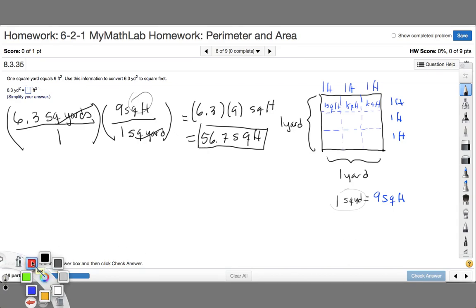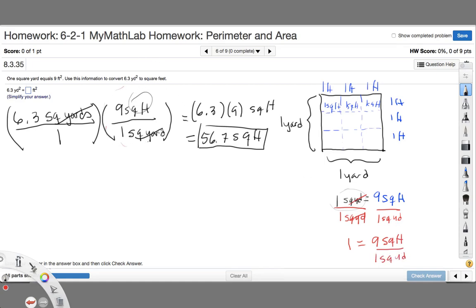Now, for those of you who are still skeptical, you might say, why did I take 9 square feet over 1 square yard? Well, notice that if you take this statement and divide by 1 square yard, wow, that's hideous. You get 1 equals 9 square feet divided by 1 square yard.